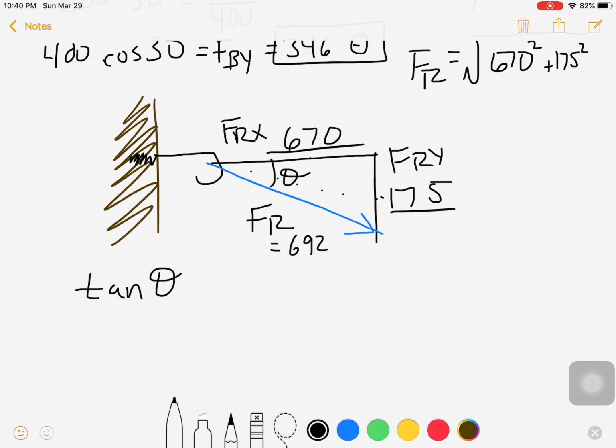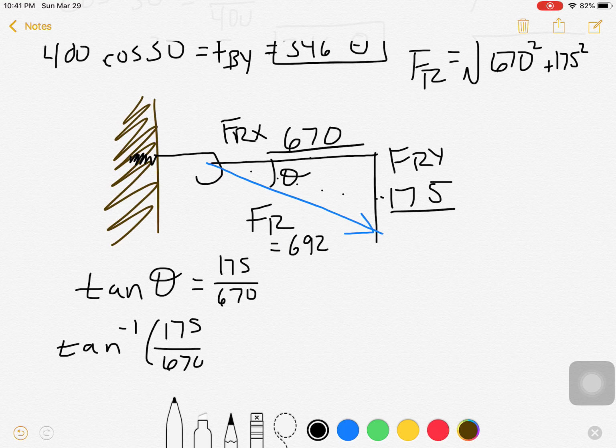So the tangent of theta is the opposite over the adjacent, is 175 over 670. So we can use inverse trig and say that the inverse tangent of 175 over 670 equals theta.